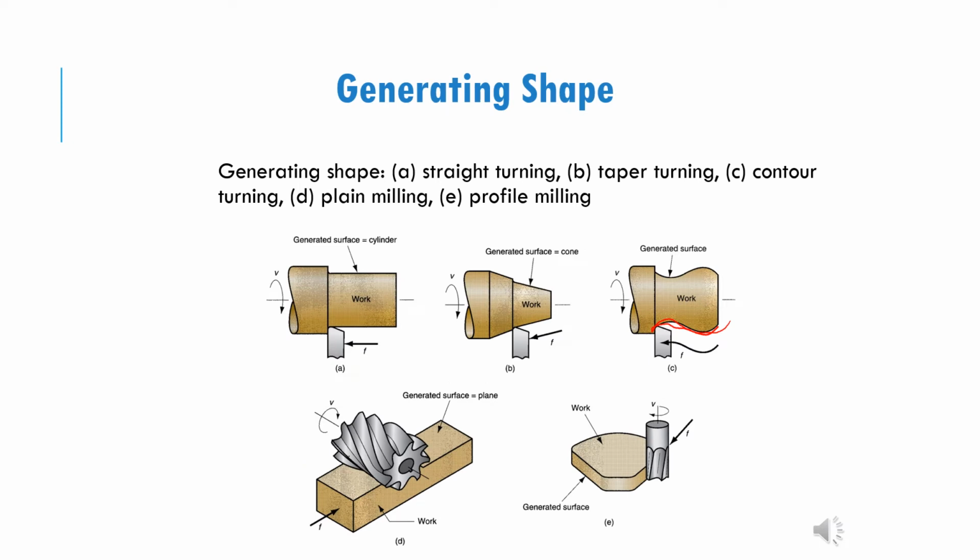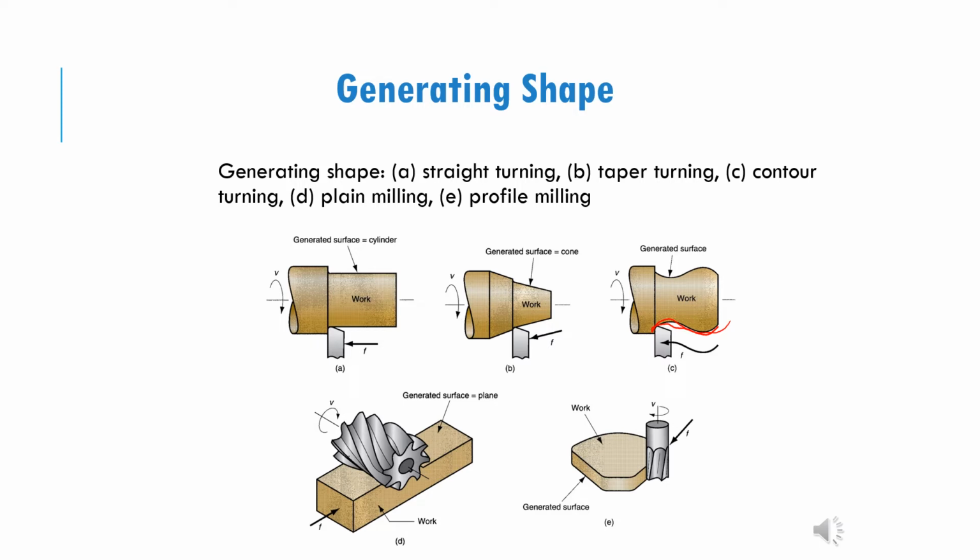So here are some examples of generating the shape. For example, A is straight turning, so the movement of the tool will determine the straightness of the workpiece. And then we have taper turning. Taper turning also depends on the movement of the tool to get the angled shape.